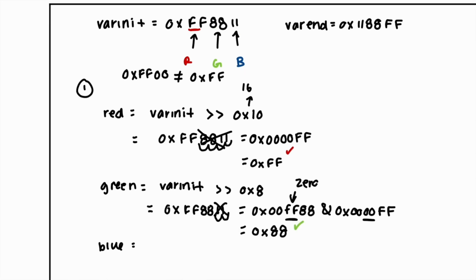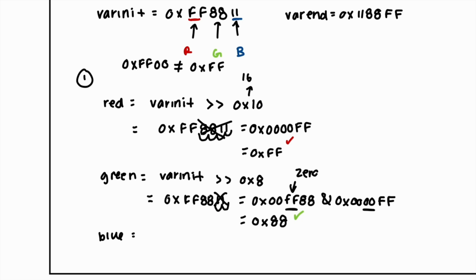For our blue bits, we know that we can just keep these in their place over here, but we do need a way to clear out the FF88 in front. So even though we're not doing any shifting, we do need to do some operation to zero that out in the front. And basically we can just zero it out with the value we used over here, 0xFF.